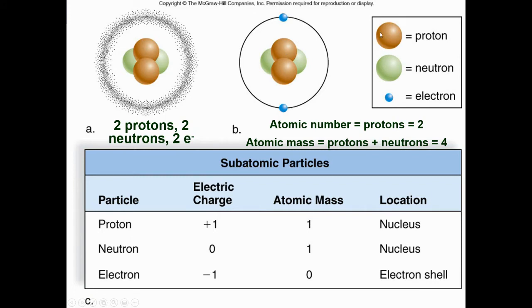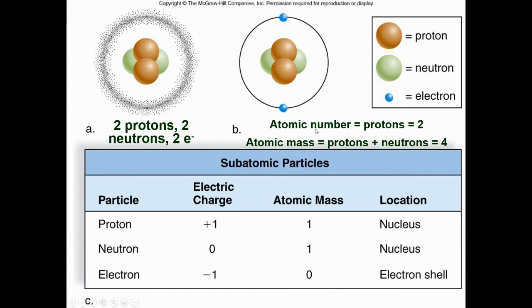So in this example, if the brown circles represent the protons, the green the neutrons, and the blue the electrons, I have 2 protons and 2 neutrons. So 2 protons, 2 neutrons, and 2 negatively charged electrons. My atomic number is the number of protons. So the atomic number of this atom would be 2.